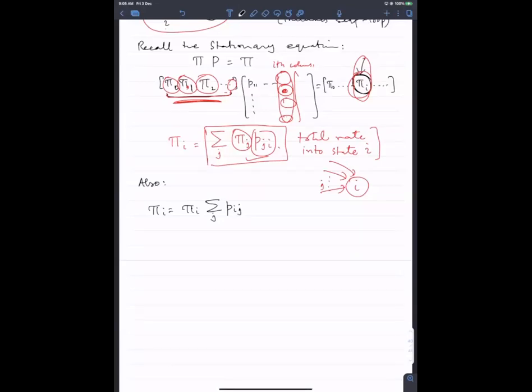Because this is simply one row of the probability transition matrix, and the sum of every row is equal to 1. We always know this. So this can be written as the summation over j of pi i p ij.